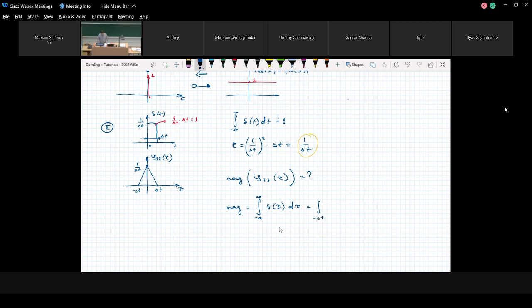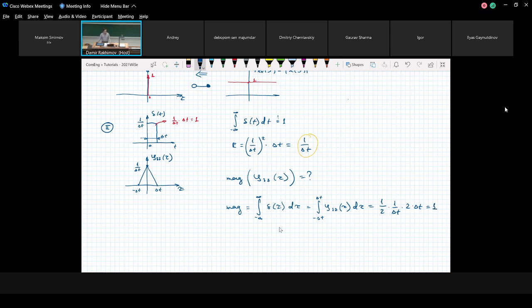Then we calculate this integral from minus delta t to delta t of our approximation for the autocorrelation function of the delta pulse. We have a triangular function, so the area is 1 over 2 times height times base. Height equals 1 over delta t, times 2 delta t, which is the width of our triangle.